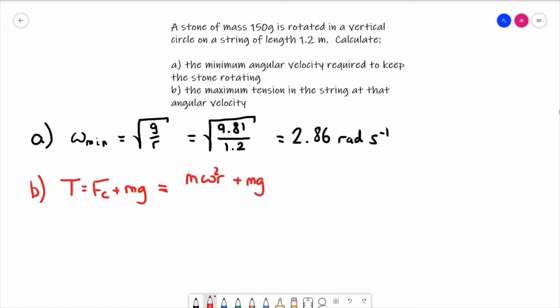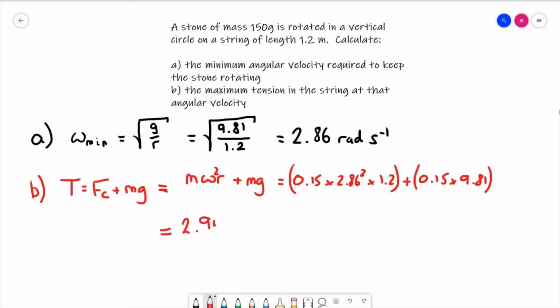Plugging the numbers into the equation then, the mass is 0.15, let's put this in brackets, times 2.86 squared times 1.2 plus our weight, which is 0.15 multiplied by 9.81. Once again, plug that into your calculator and you should get your final answer as 2.94 newtons.